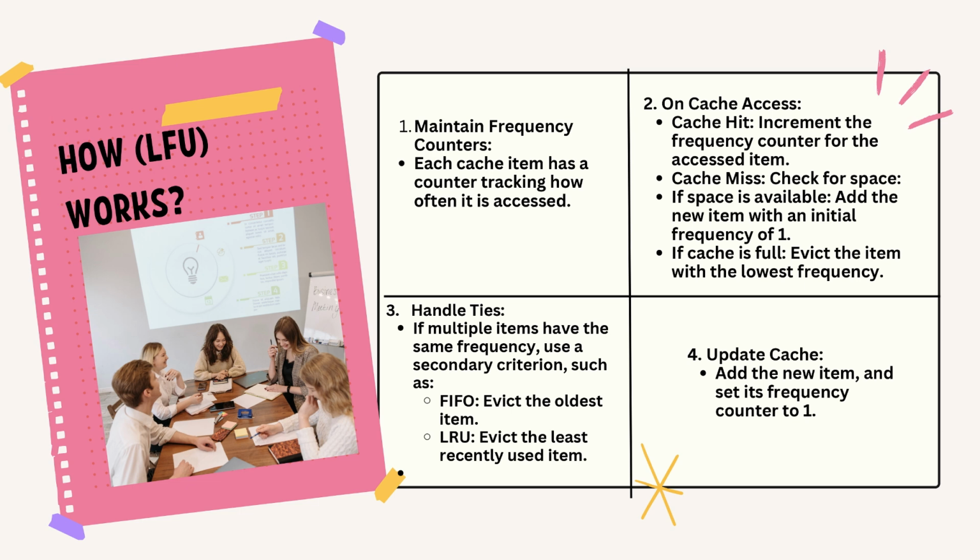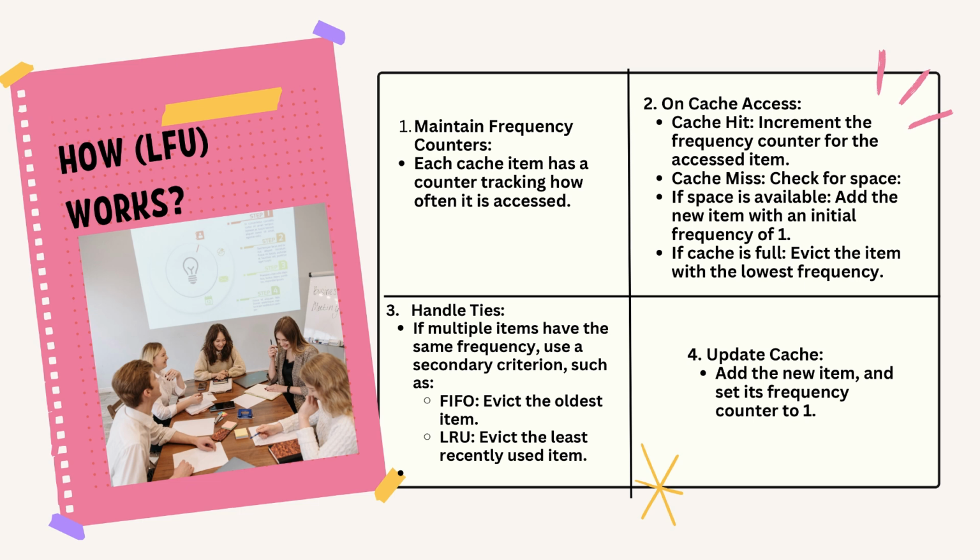It will increment the frequency counter for the accessed item. Second, cache miss. It will check for space. If space is available, then it will add the new item with an initial frequency of 1. If the cache is full, it will evict the item with the lowest frequency.